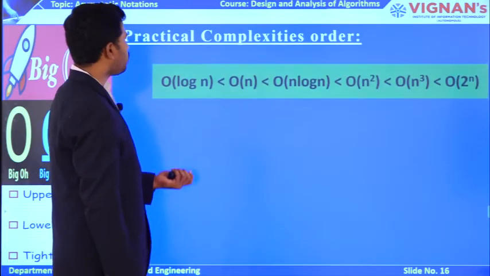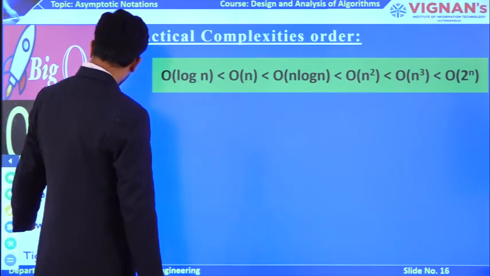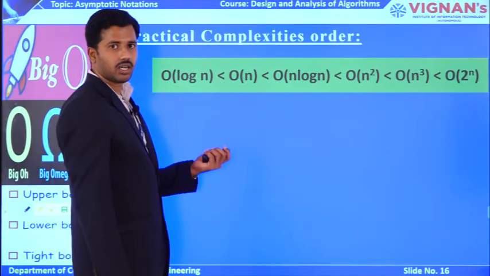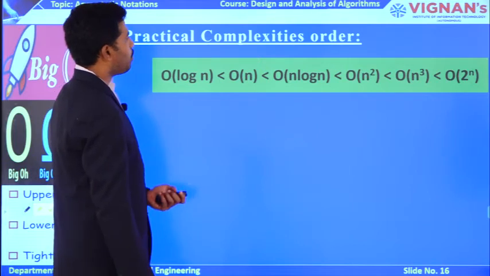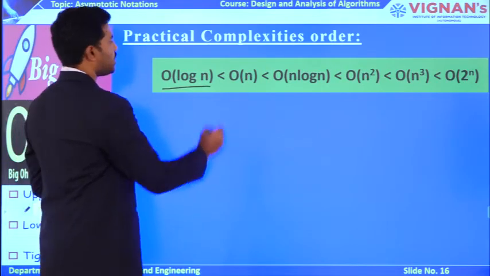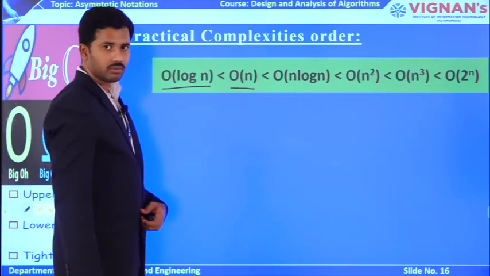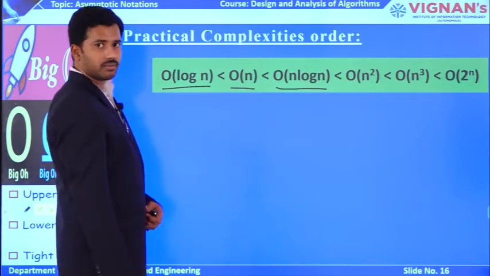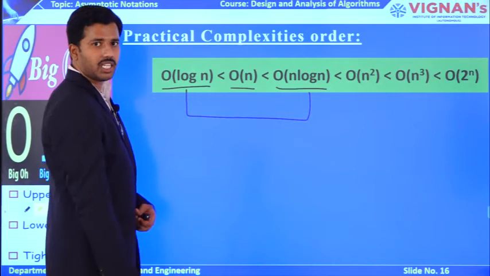Okay. Now you try to observe this relation. This relation is telling the power comparison among various powers in your equation. Among all the powers, order of log n is smaller than order of n. So order of n is smaller than order of n log n. By comparing order of log n as well as n log n, which one has the least value?